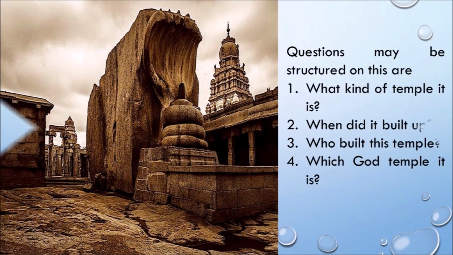Let us take an example of an ancient temple. Here the researcher draws a list of questions to collect data regarding that particular temple, such as what kind of temple it is, when it was built, who built the temple, etc. And here the samples will give the answer for each question.